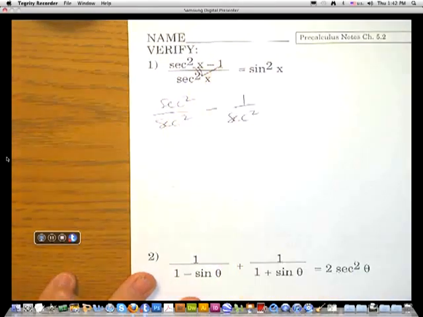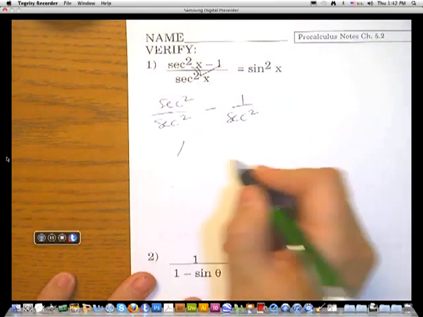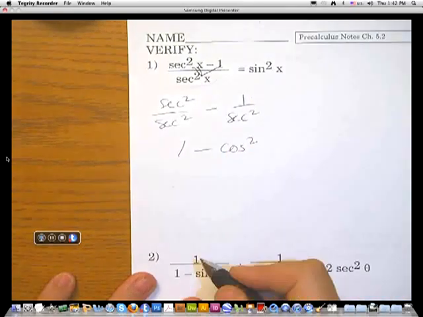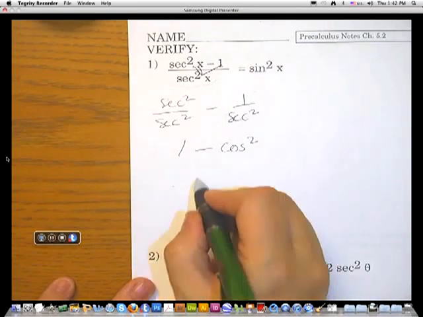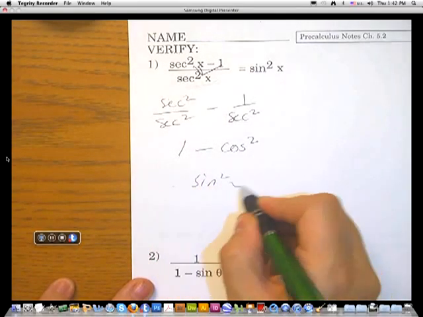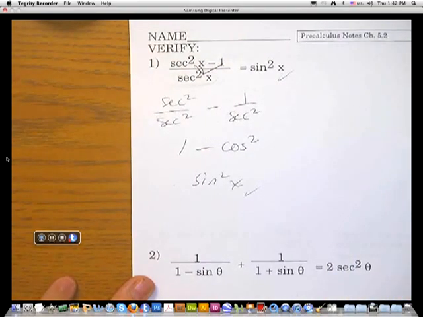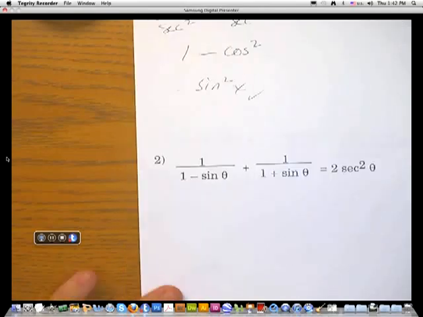Secant squared over secant squared is 1. 1 minus secant squared is cosine squared. And from our identities, 1 minus cosine squared is sine squared. It checks. And the only way you get better at these is just doing them, knowing your properties.